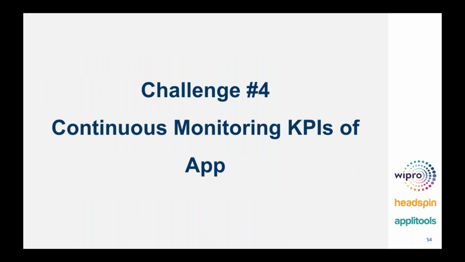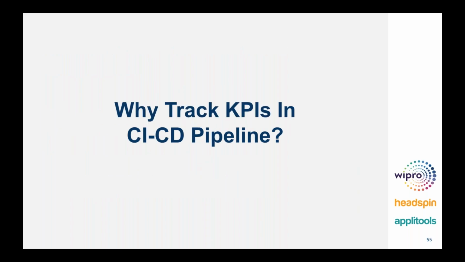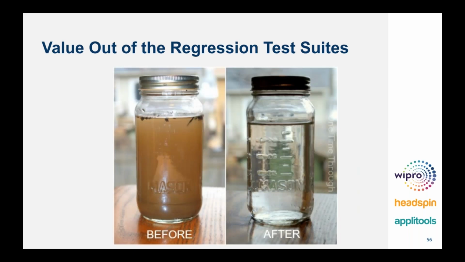Going to the next challenge, which is continuously monitoring key performance indicators of an app, or KPIs, as it is popularly called. So why do you want to track all these key performance indicators in a CI/CD pipeline? First, you want to get more value out of your regression test suites.